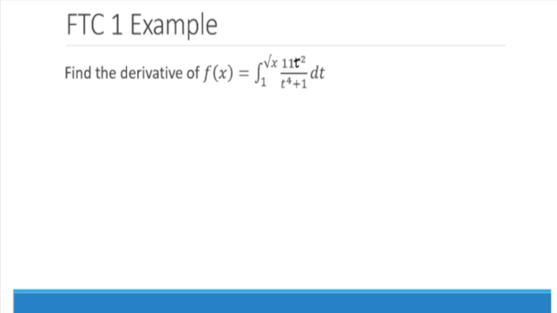Okay, so kanina, ang nakuha natin is f prime of x equal to 11x squared over x to the 4th plus 1. Tama? But this time, hindi x yung input variable natin. It's actually square root of x. So how do we do that?